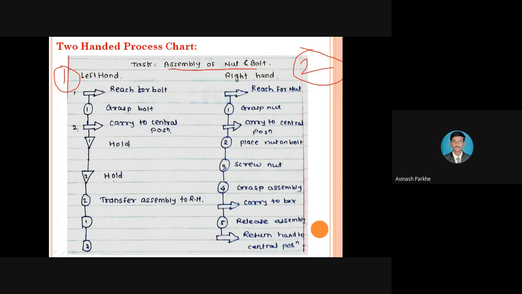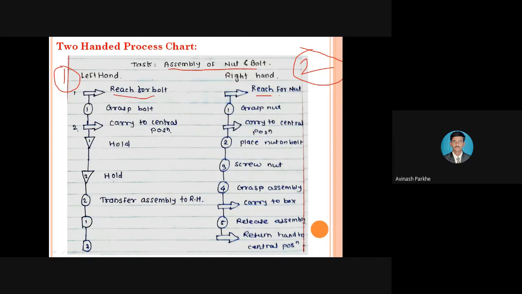For the assembly of the nut and bolt, using a single hand only, the assembly is not possible. By using the right hand only, the assembly is not possible. By using the left hand only, the assembly is not possible. So during that assembly, we have to use our left hand as well as our right hand. So simultaneously the movements are taking place.